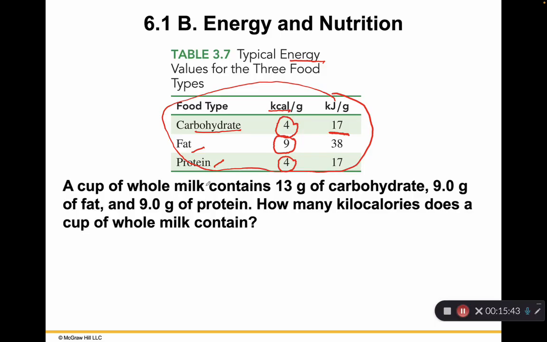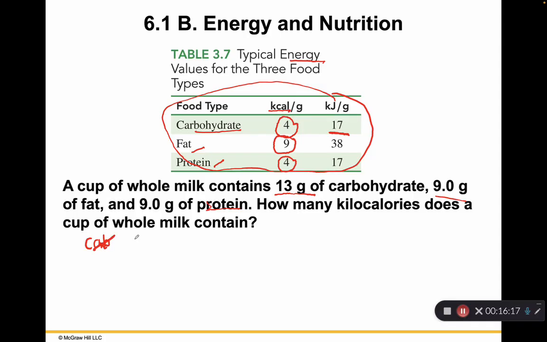A cup of whole milk contains 13 grams of carbohydrate, 9 grams of fat, and 9 grams of protein. If that is the case, then how many kilocalories does a cup of whole milk contain? Okay, so let's calculate. We should be able to use this table. So you have carb in 1 cup of whole milk.